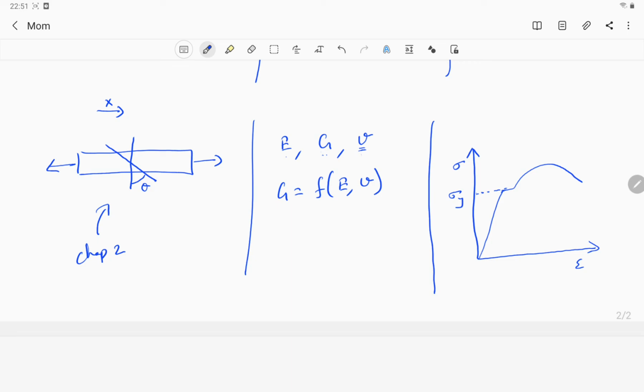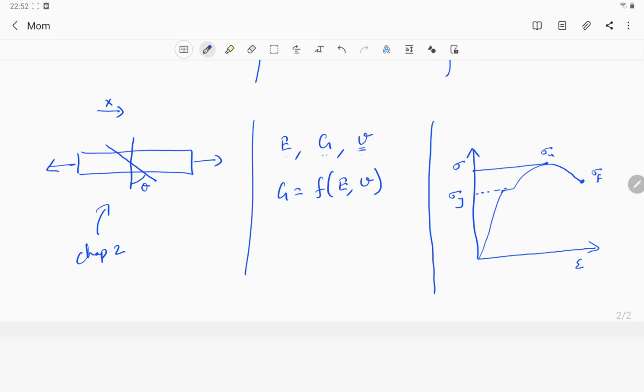Then there will be a point where it experiences the maximum stress. That's called ultimate tensile stress, sigma u. And this one is the stress at the fracture, so maybe we can call that sigma f.